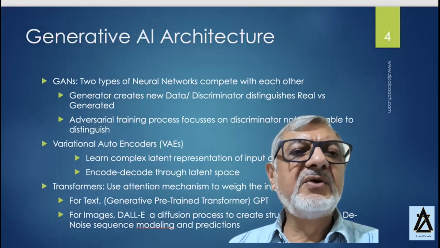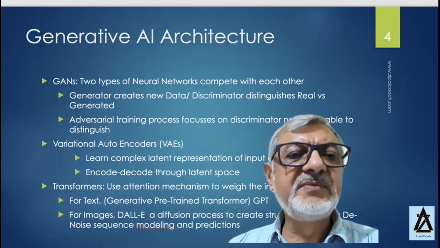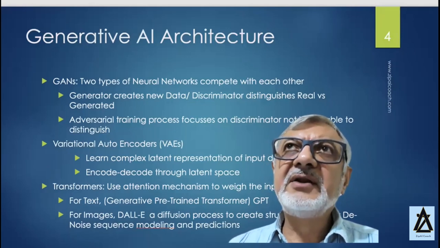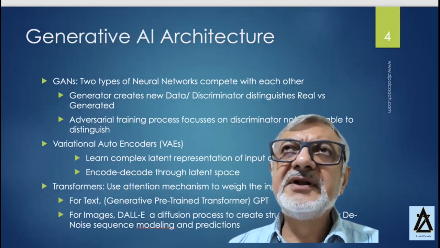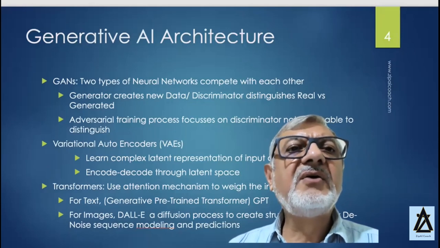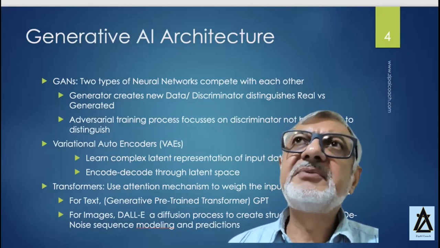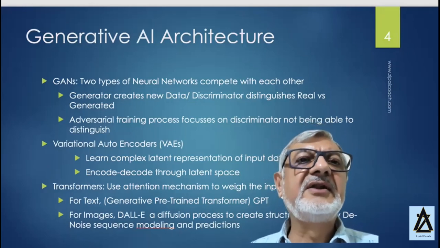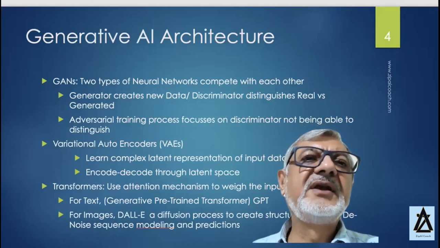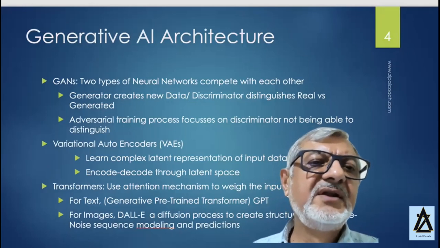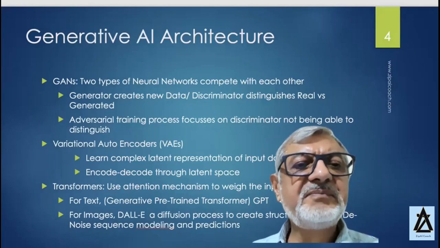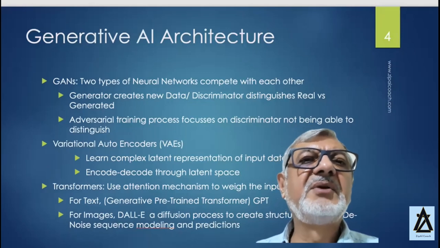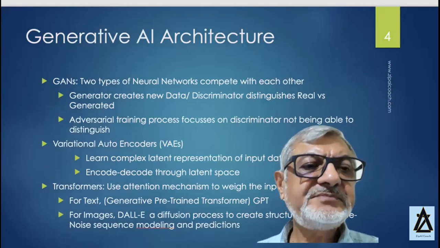Then there are encoders in the architecture of the neural network, which are able to encode training data of different types and different structures, and it stores that training data in latent storage by encoding. And then there's a decoder which can decode the data very quickly from the latent space.